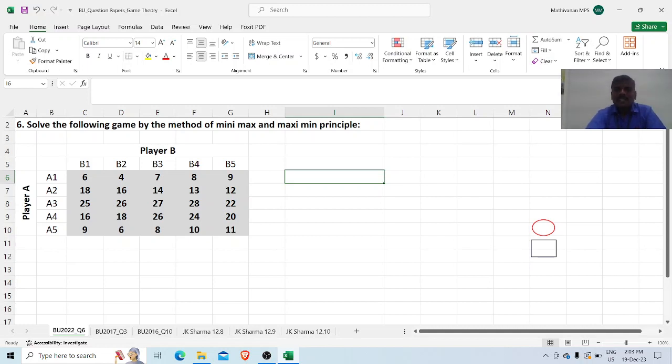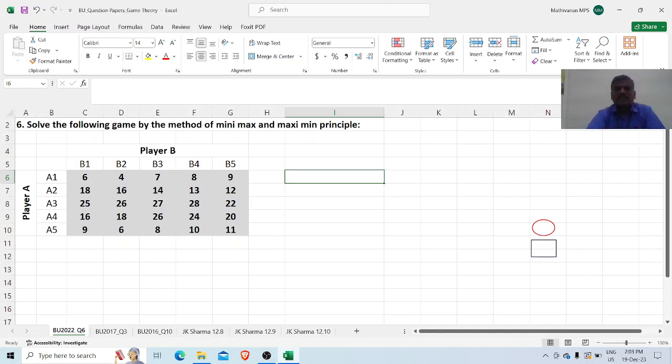Player B can minimize his losses and player A can maximize his gain or ensure the maximum possible gains. We will solve the problem, and while doing so, we will discuss some of the theoretical concepts also.